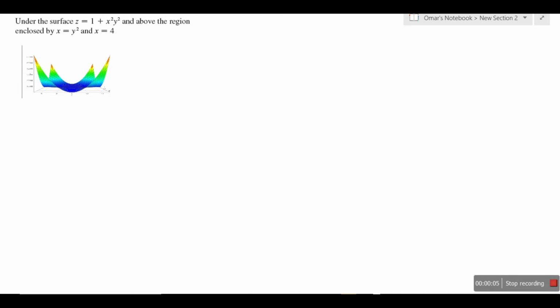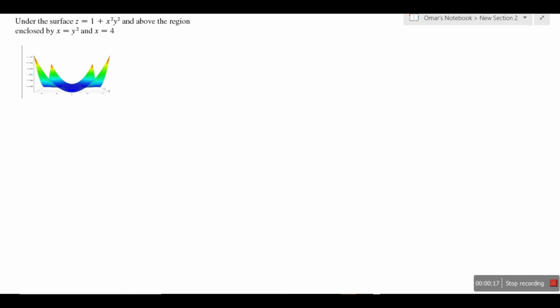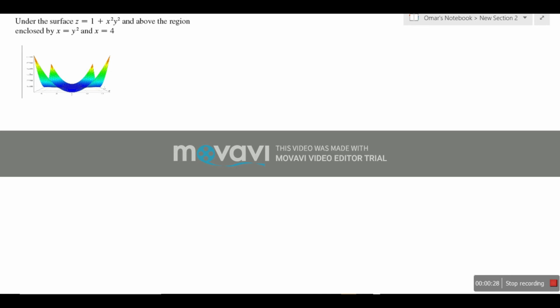Hello, my students again. We are doing this example. We're going to find the volume under the surface of z equals 1 plus x squared y squared, and above the region enclosed by x and y squared.